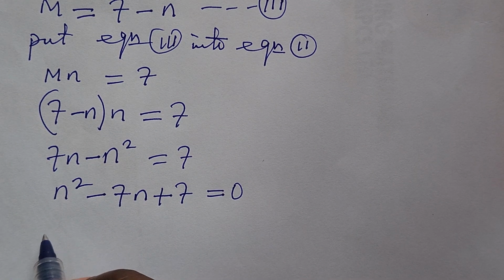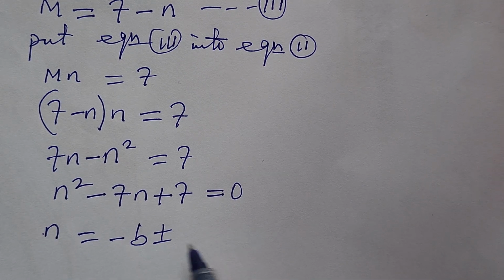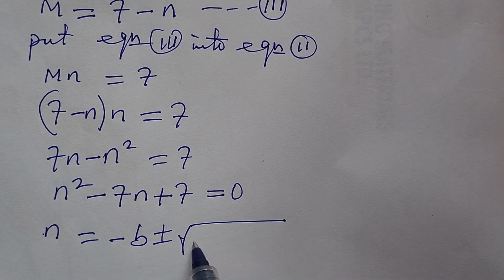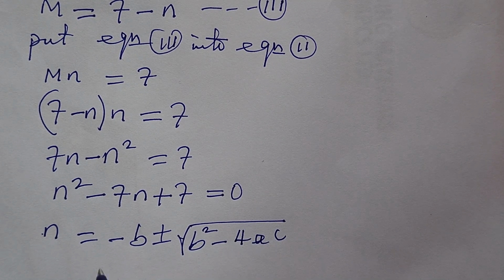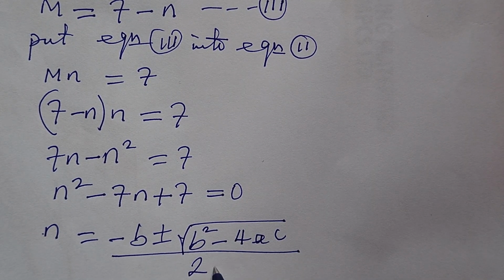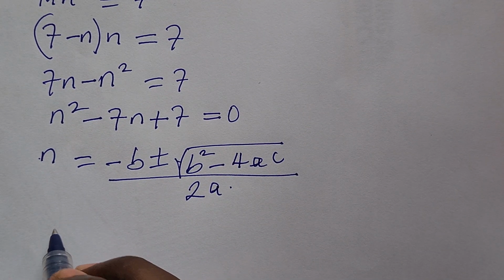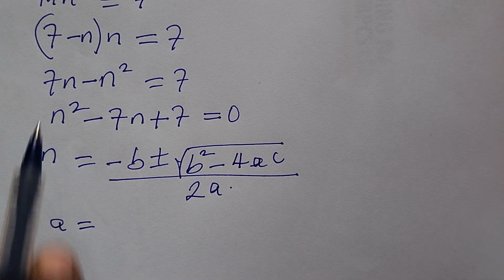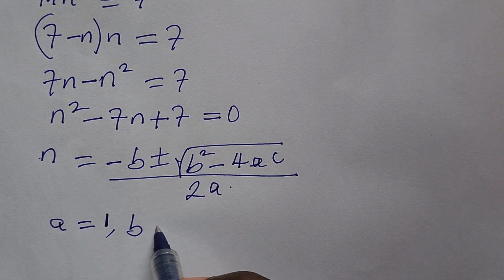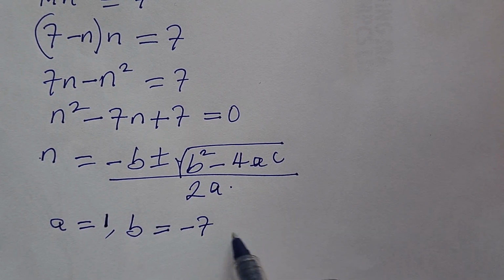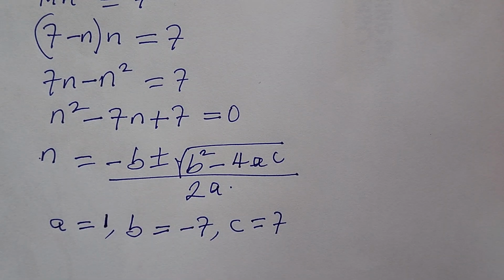Our formula is n equal to minus b plus or minus the square root of b squared minus 4ac, all over 2a. Good. What is our a here? Our a is the coefficient of n squared, which is 1, our b is the coefficient of n, which is minus 7, and our c is the constant term, which is 7.